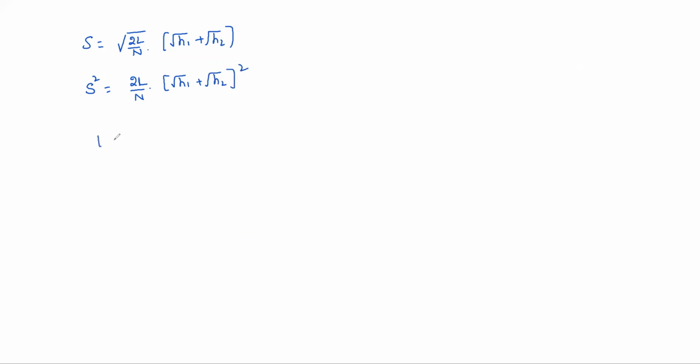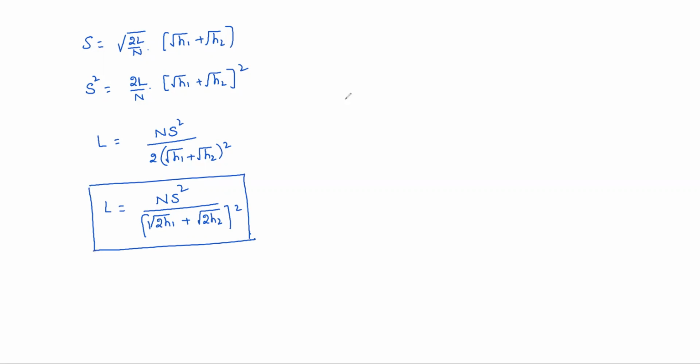So L equal to n into S square by 2 times root H1 plus root H2 whole square. Otherwise, you can write like this, L equal to nS square by, you can take the 2 inside, so it will be root 2 whole square. That means root 2H1 plus root 2H2 whole square. This is the formula for length of curve.